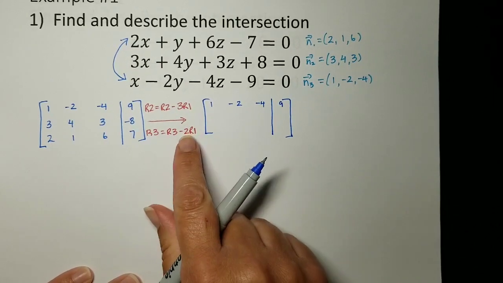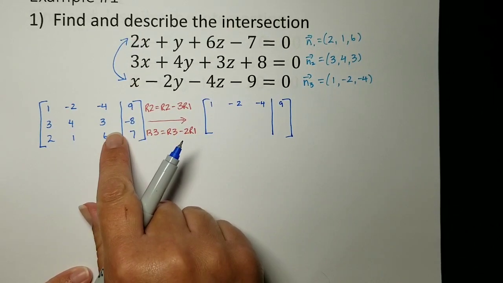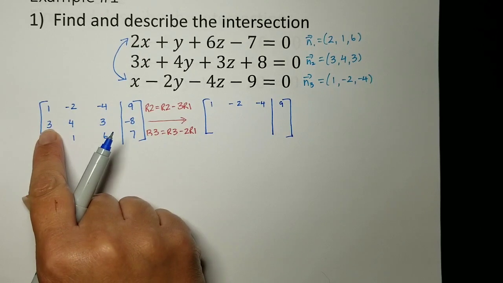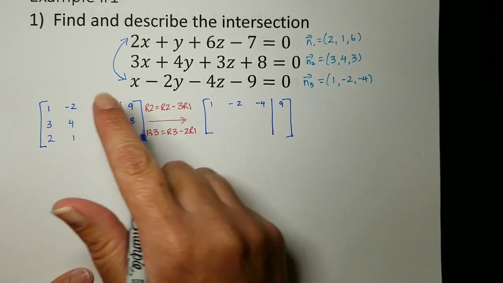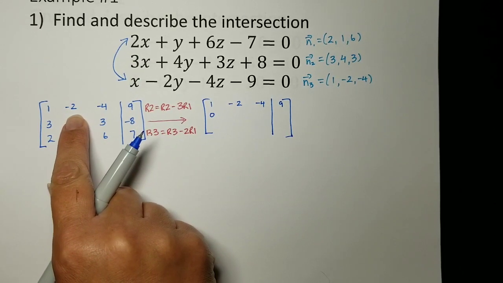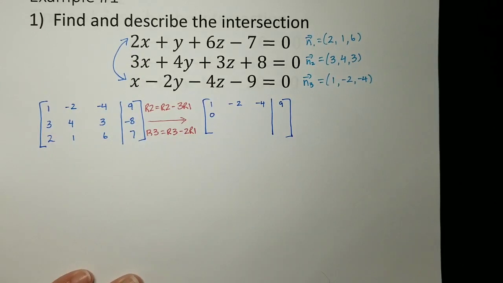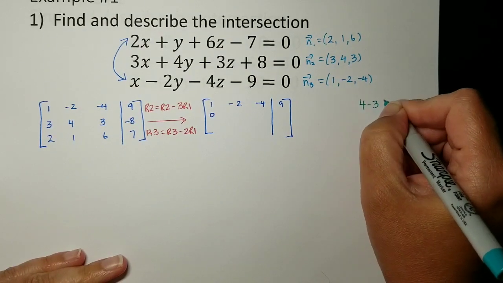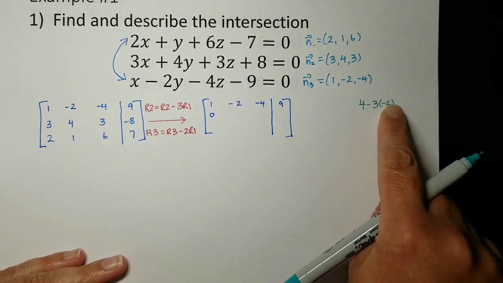Now for row 2, I'm going to take these ones and subtract 3 of the row above it. So 3 minus 3 times 1 is 0. 4 minus 3 times -2. So again, please make sure you're being careful. You can use a calculator. You can write this out. 4 minus 3 times -2, so that's +6.